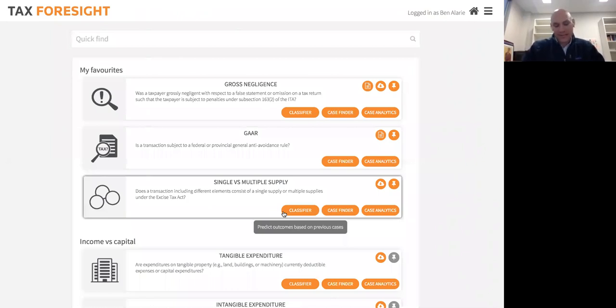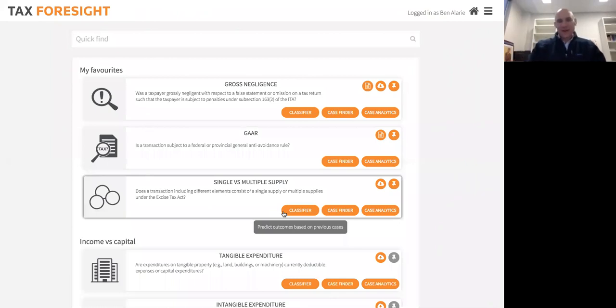One of the things that's happening is that we're starting to see more settlements earlier on in these processes, in these areas where classifiers have been built, because nobody wants to take a loser to court. If you're in the government, you don't want to take a loser to court. If you're a taxpayer, you do not want to spend the time and energy, the emotional energy, the resources necessary to take a case to court.